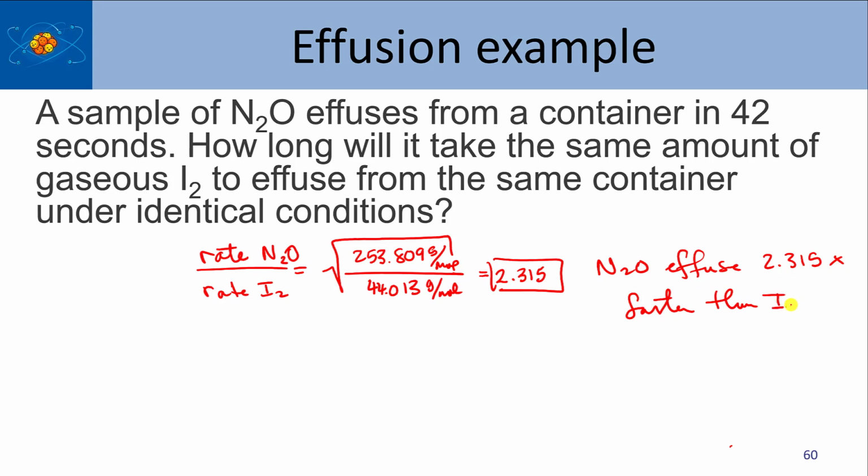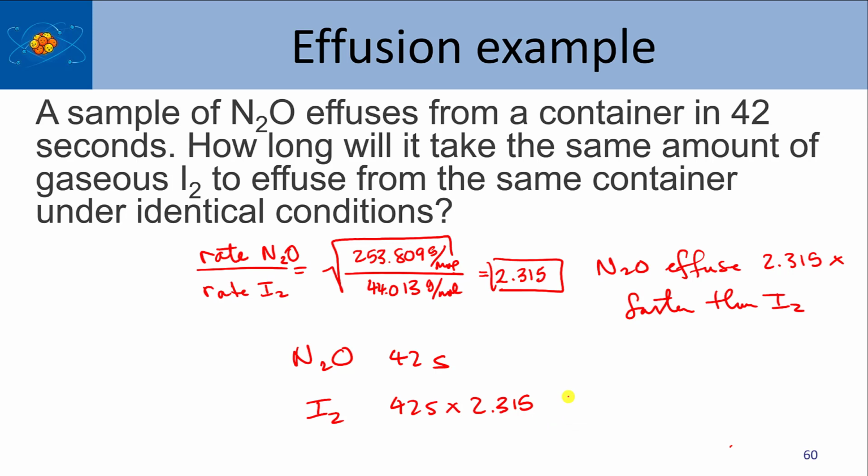than I2. So if it takes N2O 42 seconds, it's going to take I2 42 seconds times 2.315, because that's how many times faster N2O travels or effuses relative to I2.